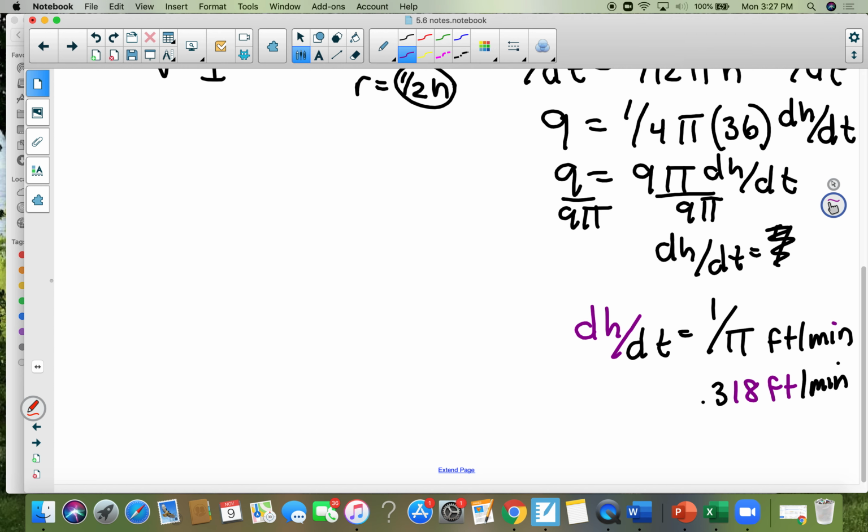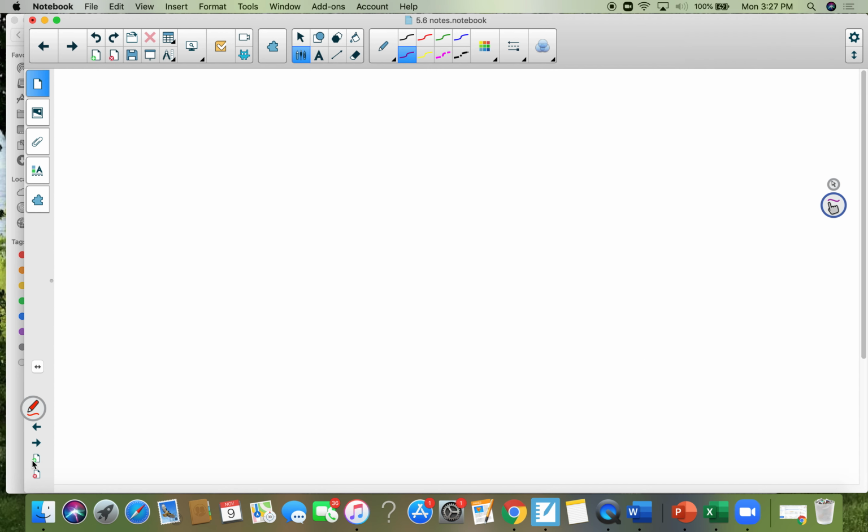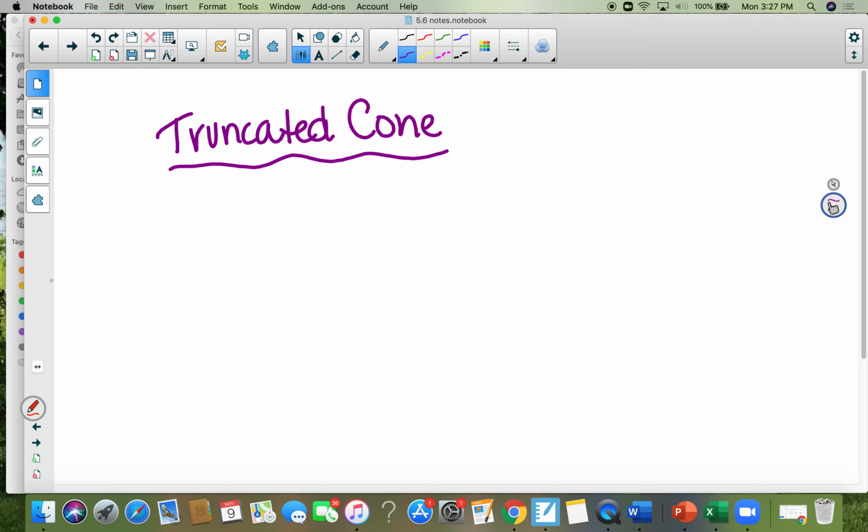Okay, last thing I want to talk about, and then I am done with notes, is a truncated cone. Instead of the cone being like this, if you cut off this cone anywhere, like right here, and got rid of that, it still makes a cone, like when you're eating an ice cream cone and keep working your way down.